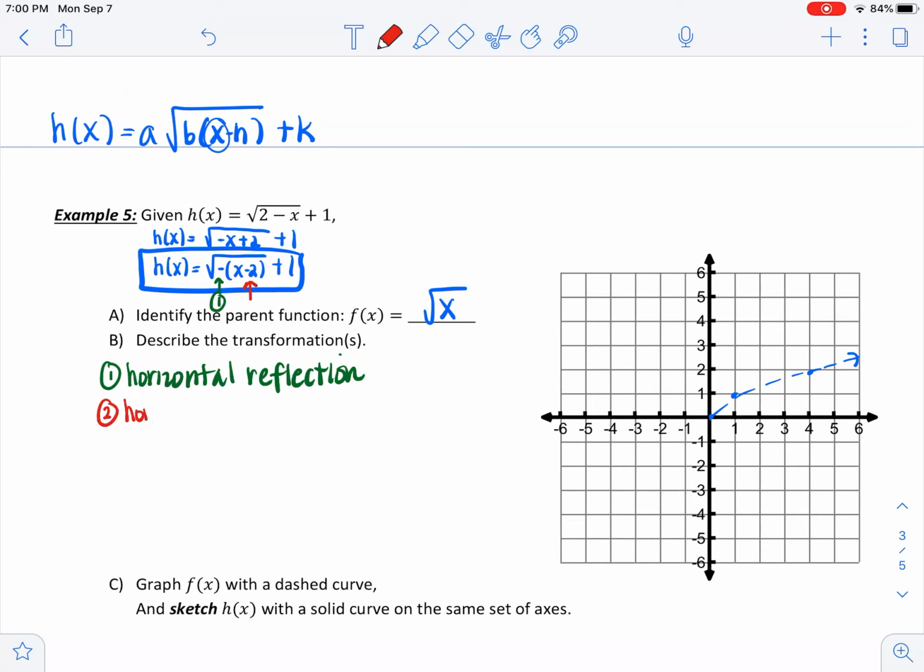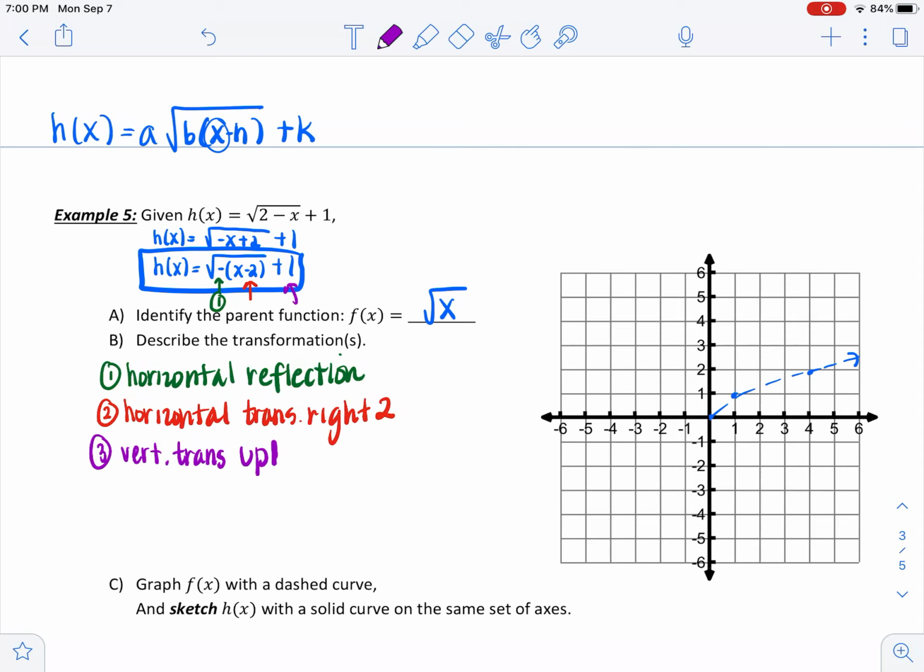So I'm going to say a horizontal translation, right 2. Finally, I have this plus 1 on the end, and that is a vertical translation, up 1.